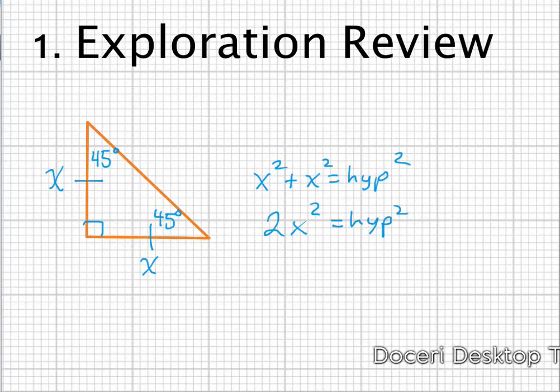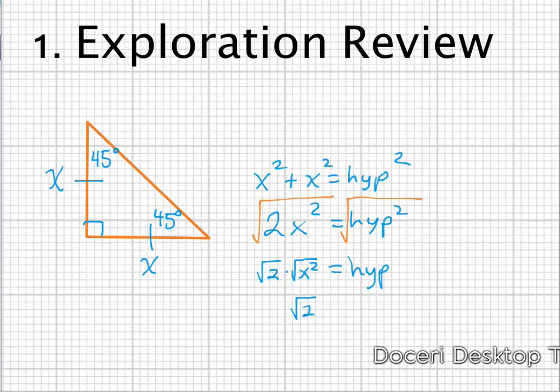Since I'm just looking for the hypotenuse, not the hypotenuse squared, I'm going to have to square root it, just like we did last time in the specific example. And that gives me the hypotenuse equal to the square root of 2 times the square root of x squared. Well, the square root of 2 I can't do anything with, so I'm going to leave it as a square root of 2. But I can take the square root of x squared.